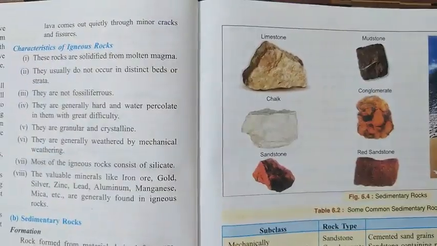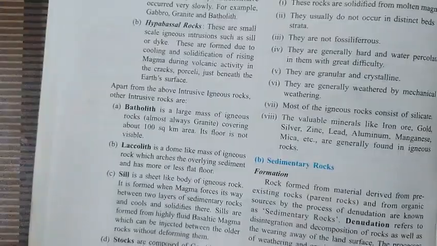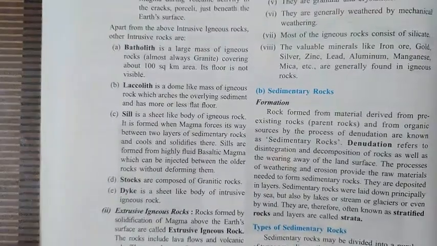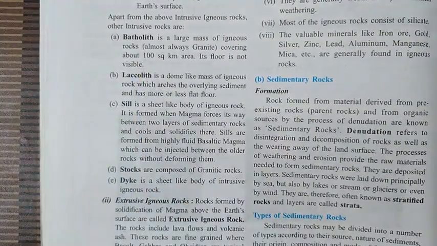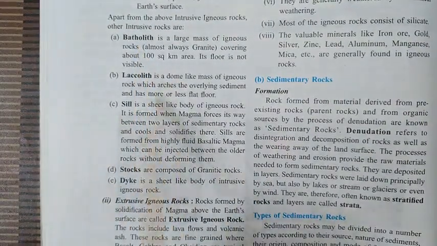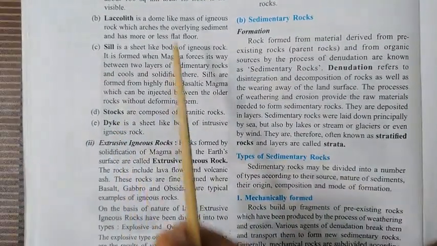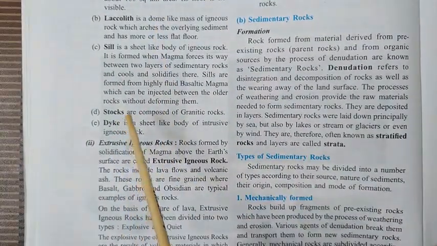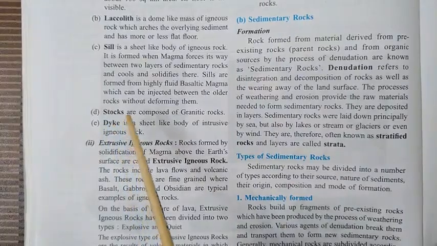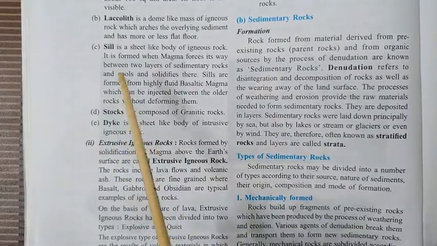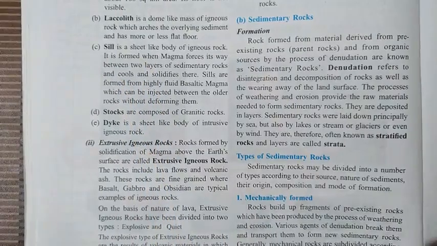So let's see some other forms of the hypabyssal rock. Here you can find the batholith, laccolith, sill, stocks, dike. So these are all the different forms of the hypabyssal igneous rocks, or the intrusive igneous rocks. So these are the categories.